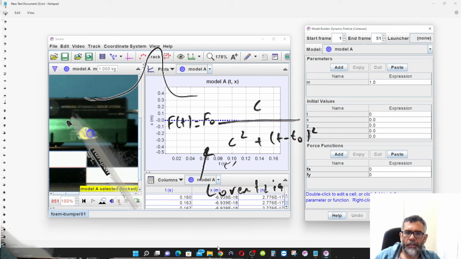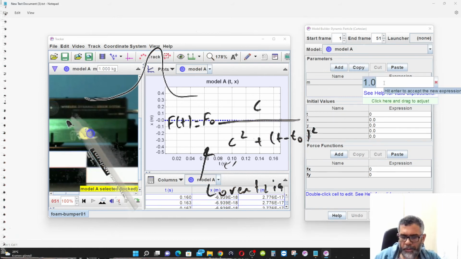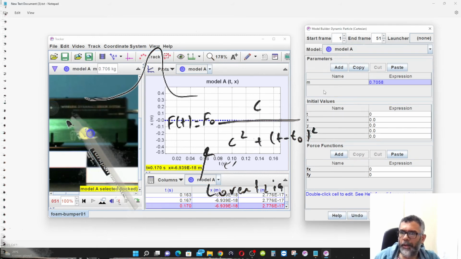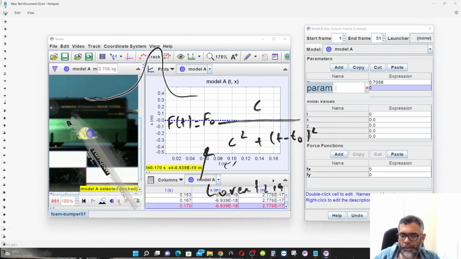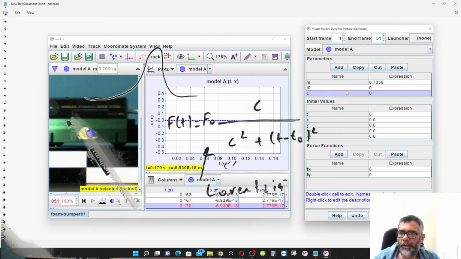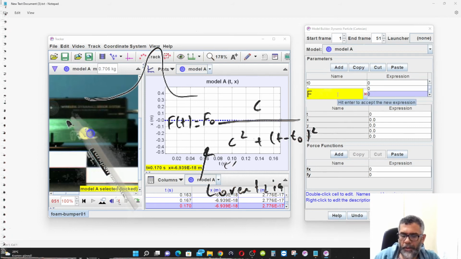Let's play with this. Okay, let's type first, this is going to be mass, and mass is 0.7058, and the first parameter again is t0, the collision center in time. The second parameter is c, and the third parameter, again, we have three parameters, f0.